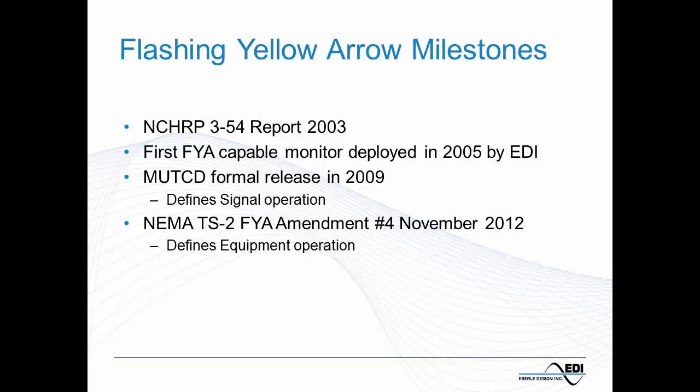After the test phase, the MUTCD release in 2009 was published that defined the signaling conditions for flashing yellow arrow. What do the signal heads look like? How are they arranged? What is the sequence of signals?